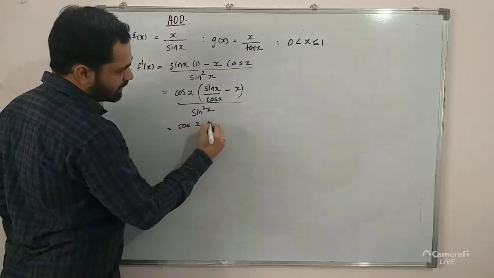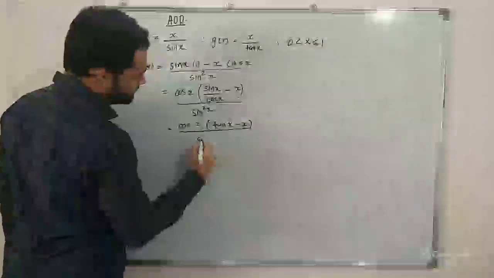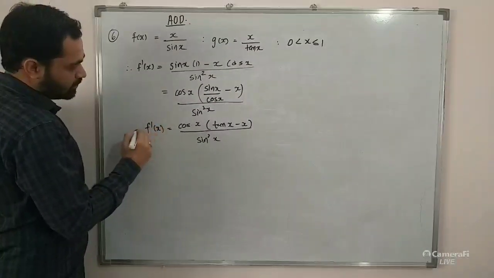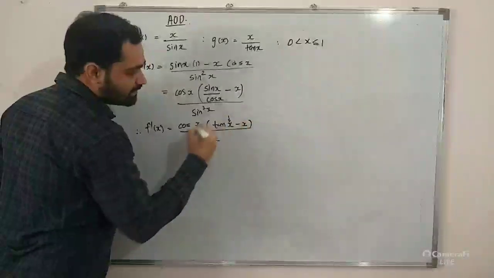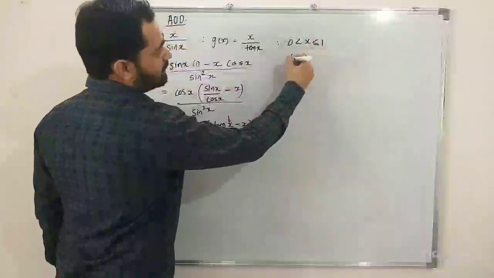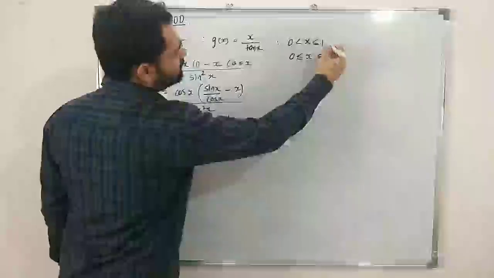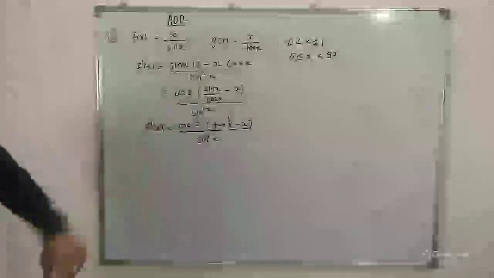Now you know very well that sin x upon cos x is tan x, so we have tan x minus x upon sin square x. Now for which interval do we have to decide? 0 to 1, but here x is taken in radians. 1 radian is approximately 57 degrees, so it is in the first quadrant.